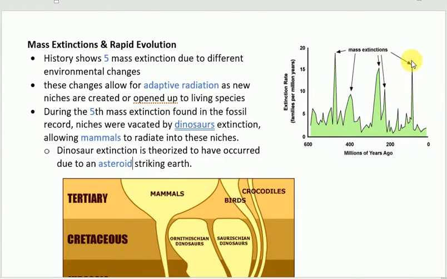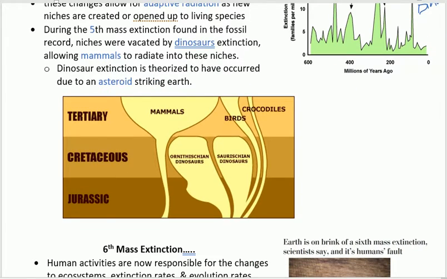And then there's one right here, which was about 65 million years ago. You should be familiar with at least one of them. And since the one that we are most familiar with is the dinosaurs, I would make sure to remember that dinosaurs died out about 65 million years ago. Okay, so moving on.